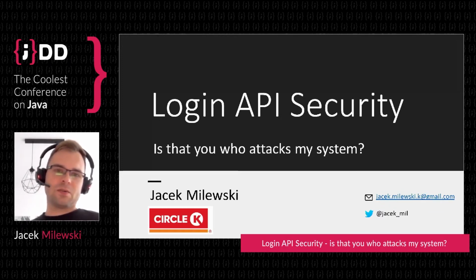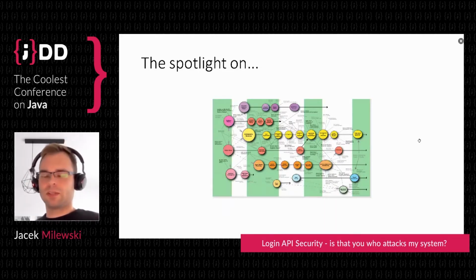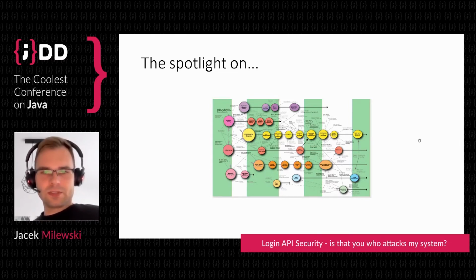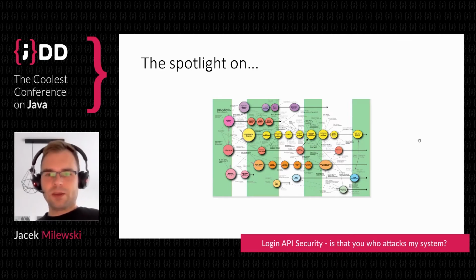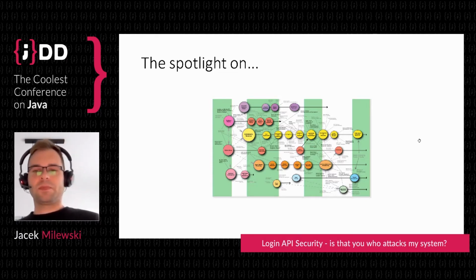First, let's see what is the topic of the presentation. I want to focus your attention on one thing. This image is not readable on purpose because I just want to show you that very often we focus on business logic and business validation, business rules to be valid, to be complete, in order to just make money or not lose money.